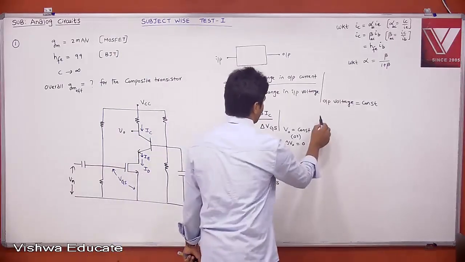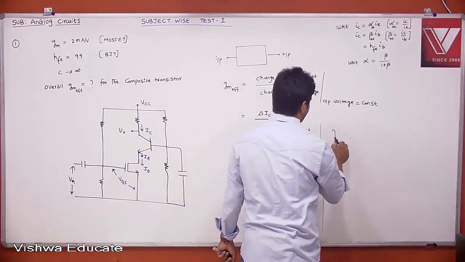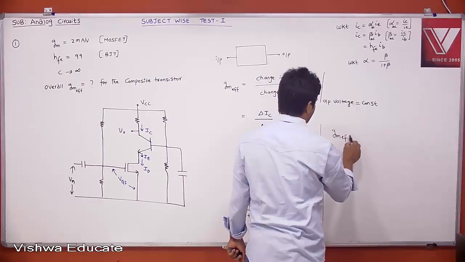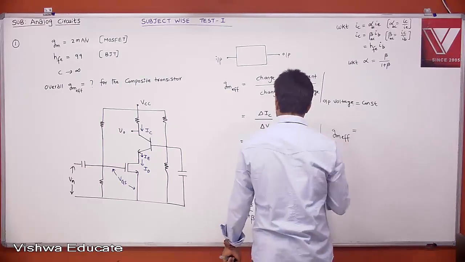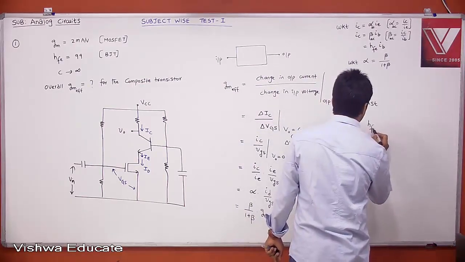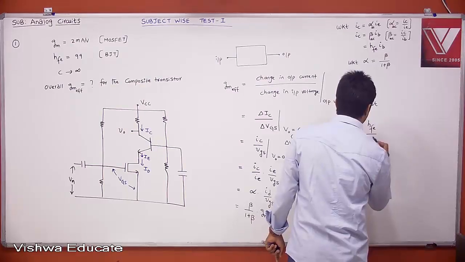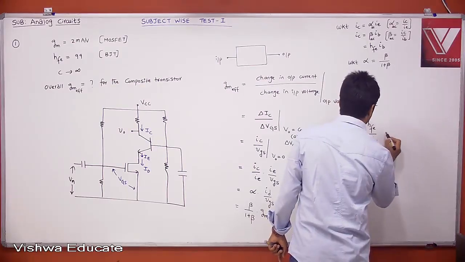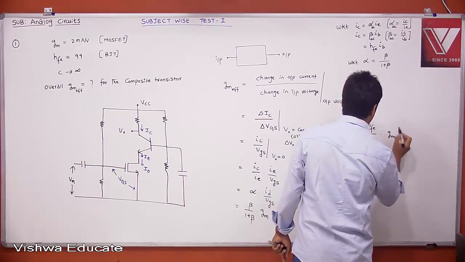Therefore, what is GM effective? GM effective is equal to beta, which is nothing but HFE, divided by 1 plus HFE, into GM.